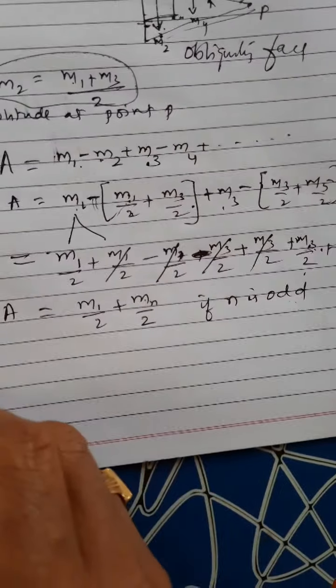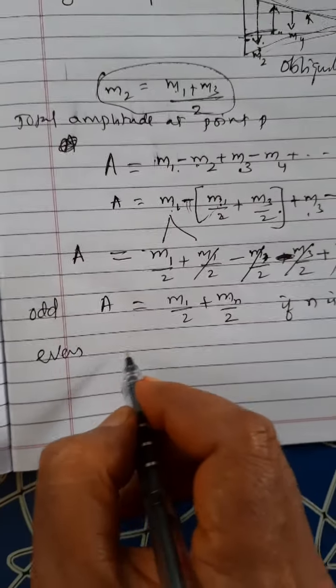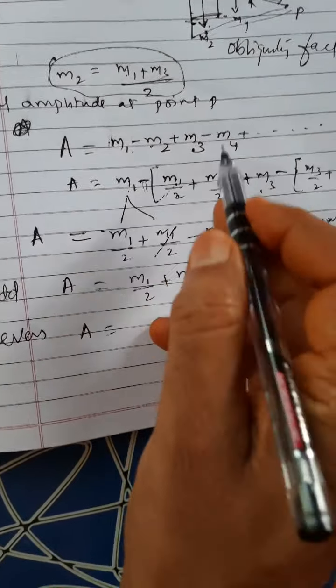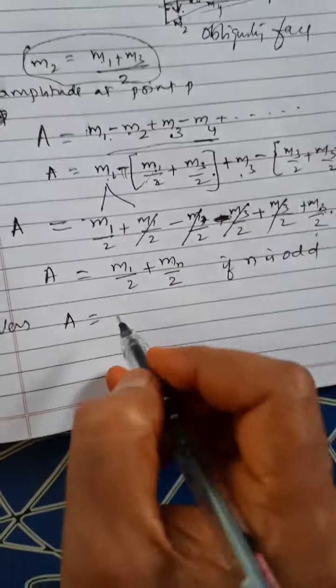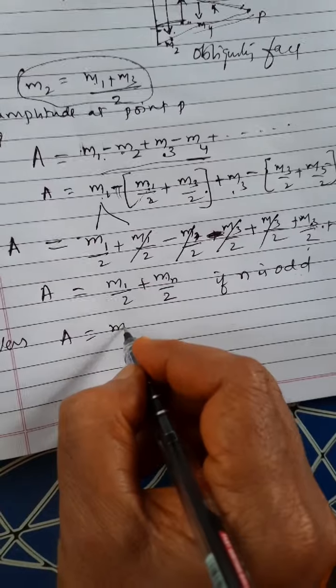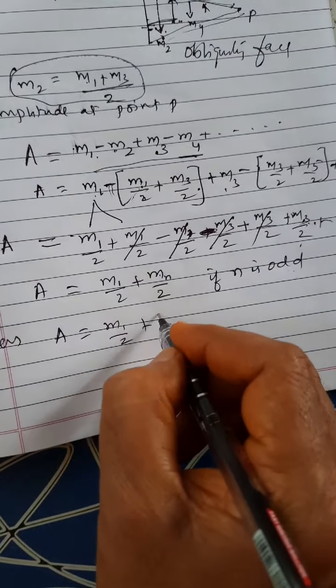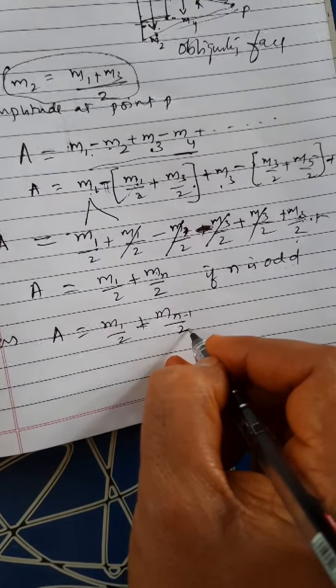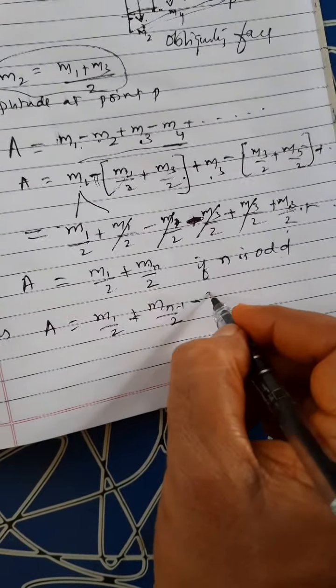If you are stopping at even, say I have to take up to M4, then what happens? It will be M1 by 2 plus, n minus 1 by 2, minus Mn.